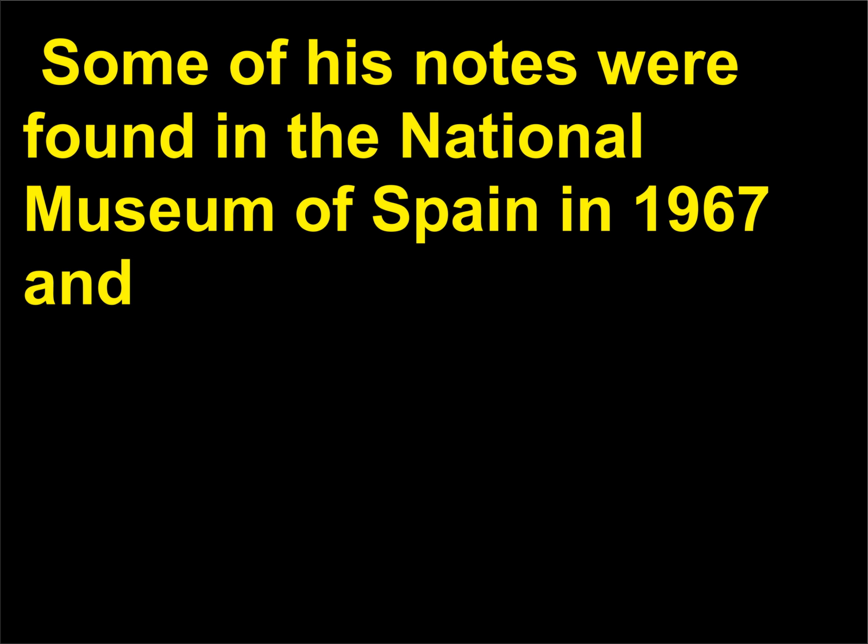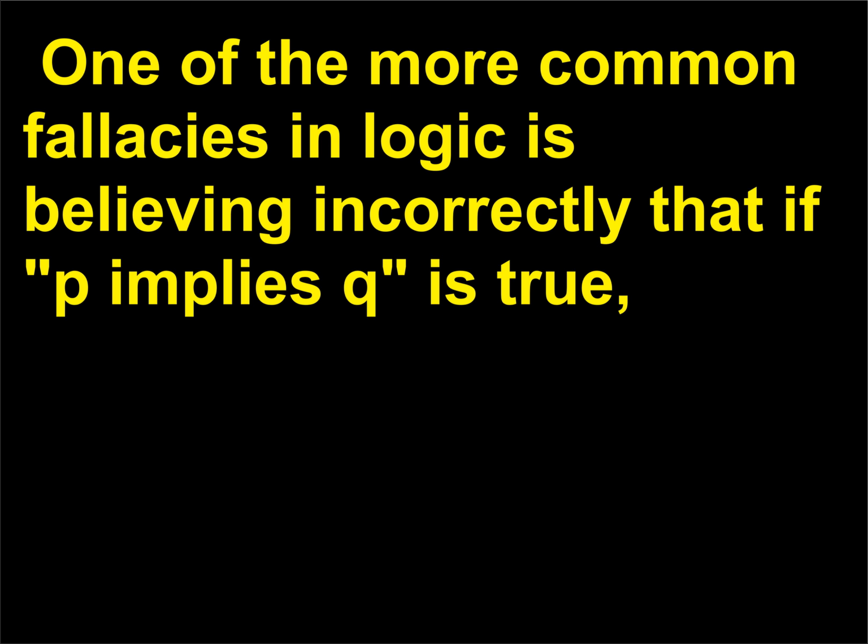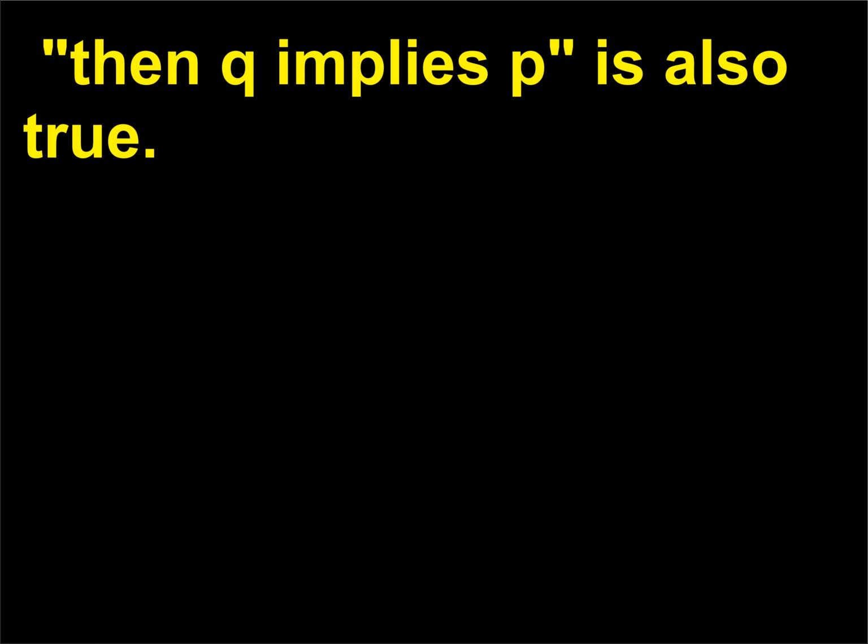One of the more common fallacies in logic is believing incorrectly that if P implies Q is true, then Q implies P is also true. The idea of such invalid arguments was well known in the past, with Greek mathematician Aristotle's syllogisms. An argument was valid if it adhered to all the laws; to be false, it only needed to break one law.